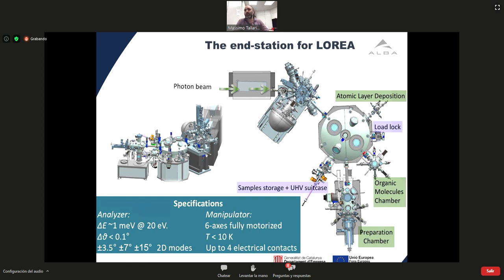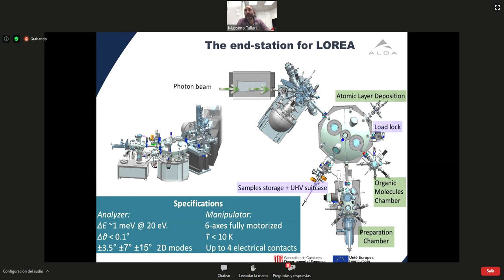Here we can have all physical preparation methods, something like MBE, sputtering, plasma oxidation, and we have also space for an atomic layer deposition and CVD chamber.